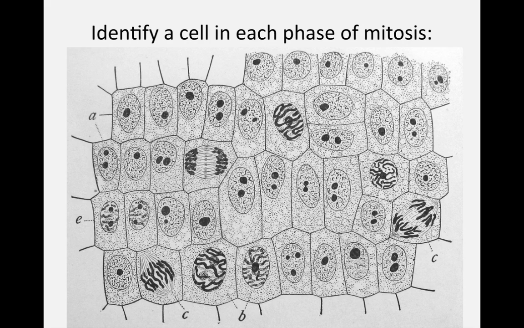So it's important to be able to identify the phases of the cells in actual cells. And so here's a drawing of something more similar to what you're going to see under the microscope. And so looking at this, we can see here's a cell that's in interphase, just living its life. Here's a cell that's in prophase.